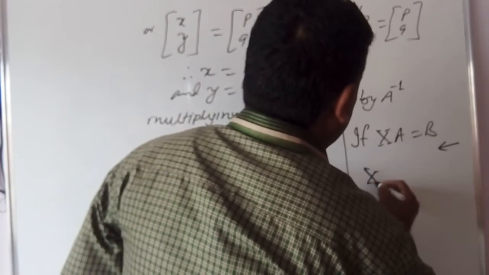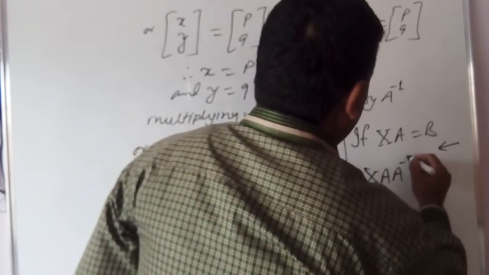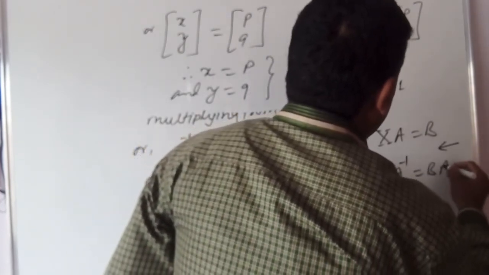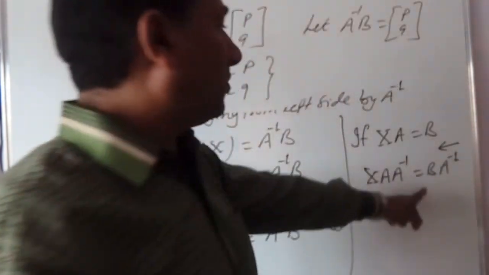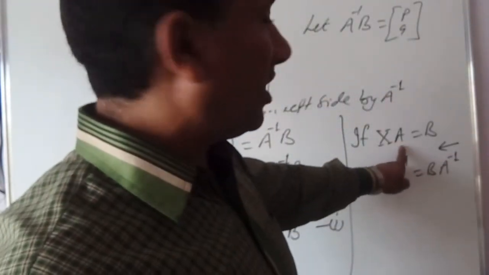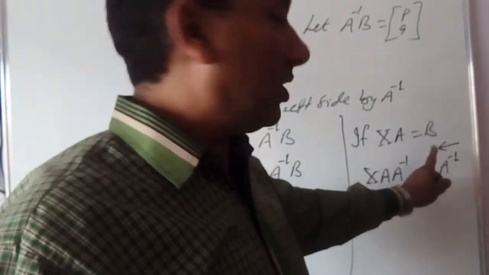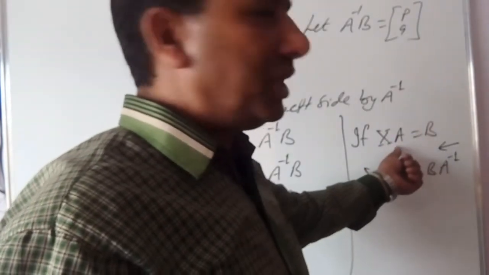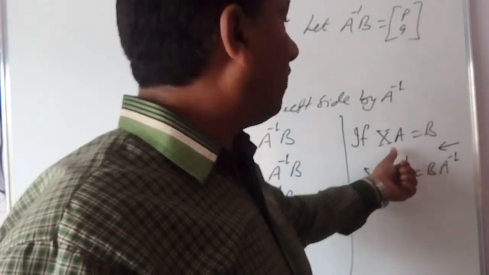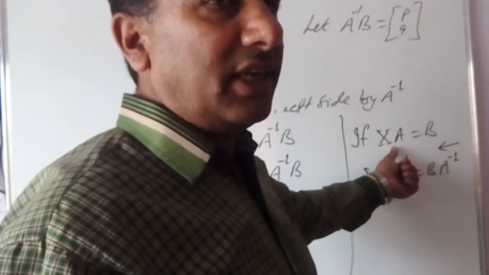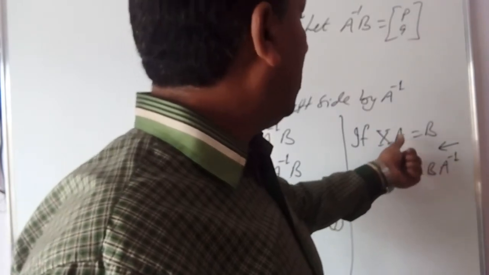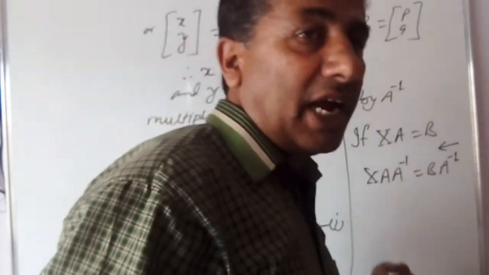XA A inverse equals B A inverse. This is correct, because A is on the right-hand side of X. If you multiply from the left-hand side, again it would be wrong. See the position of A, which side of X it is on. According to that, you have to multiply from the left-hand side or the right-hand side.